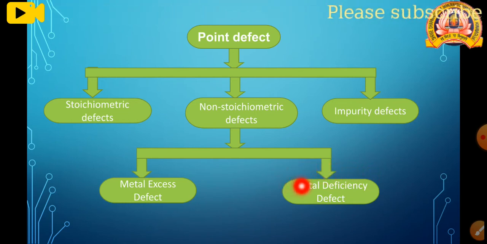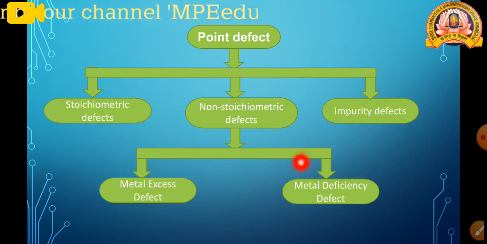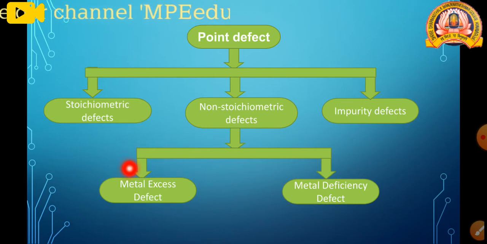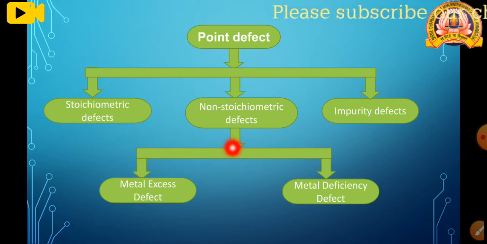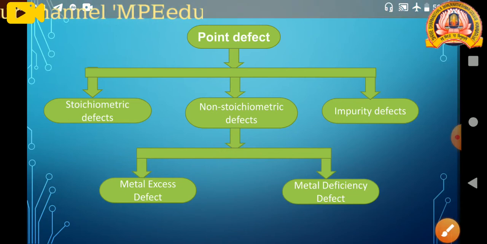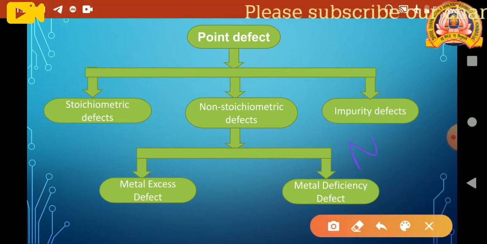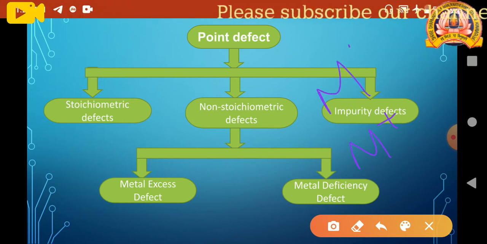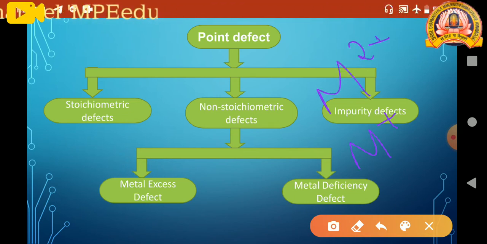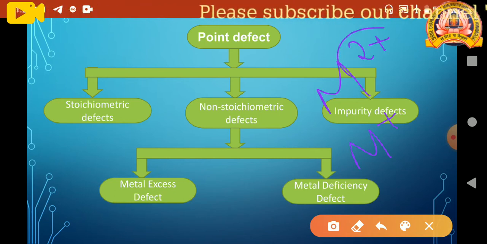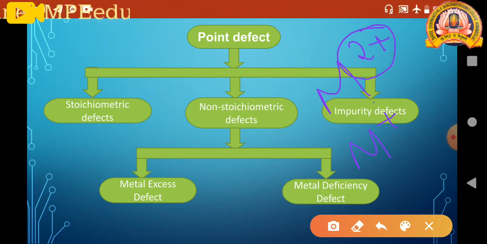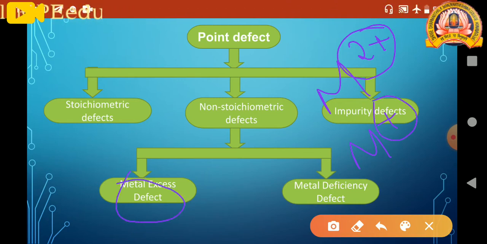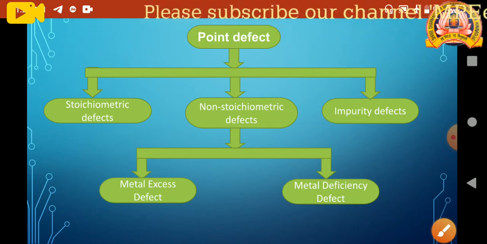Therefore, metal excess means cation excess, and metal deficiency means cation deficiency. Understand the concept? Another way of explanation: metal means positively charged, that means cation. Metal excess, cation excess. Metal deficiency, cation deficiency.